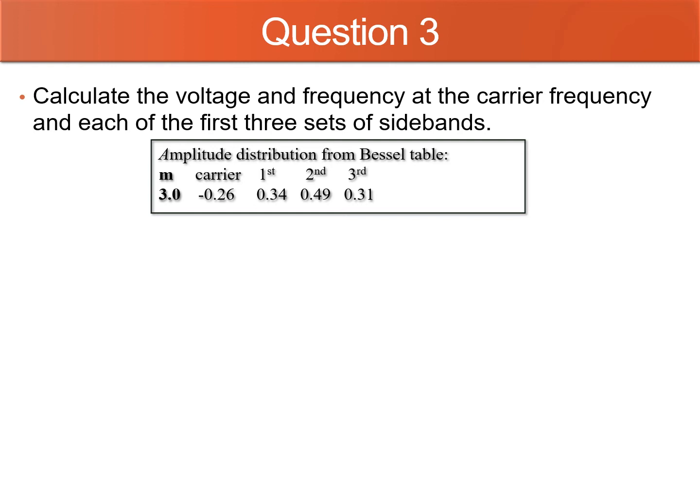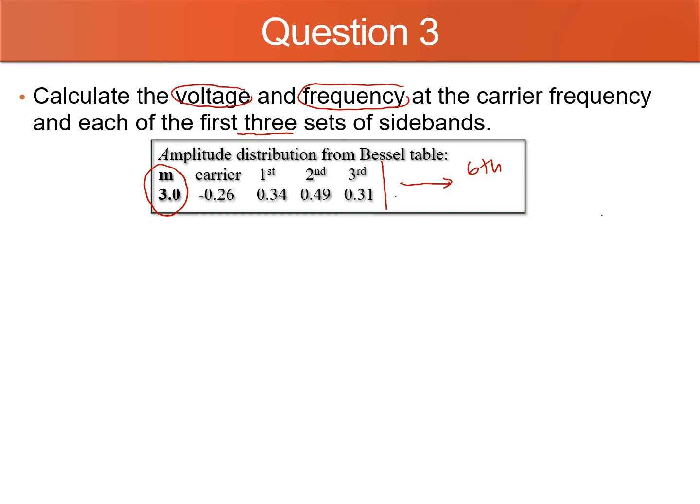So refer to the Bessel table, m equals 3, up to the third set of sidebands. Actually, this Bessel table goes up to 6 sidebands, but for this question, we need the first 3 sets. We need to calculate the voltage and also the frequency.